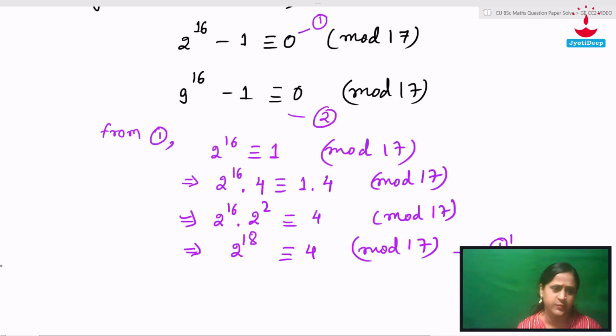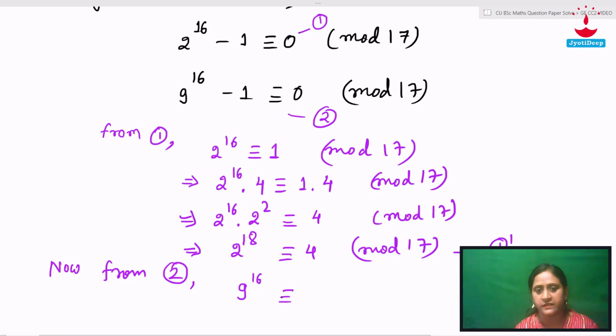Now from 2, we can write 9 to the power 16 is congruent to 1 under mod 17.